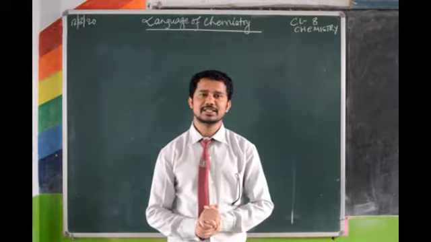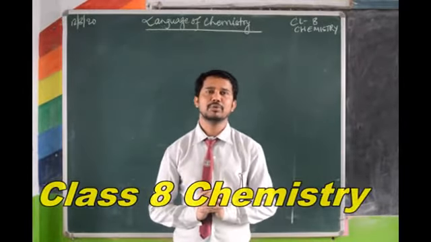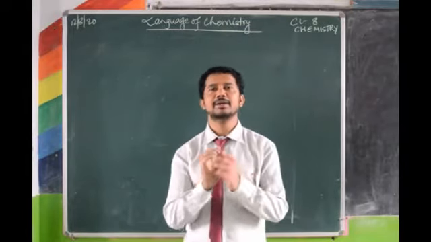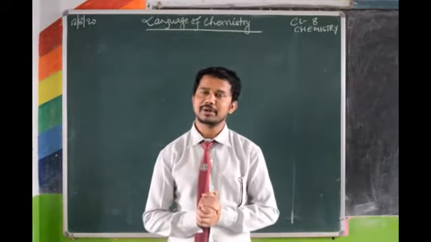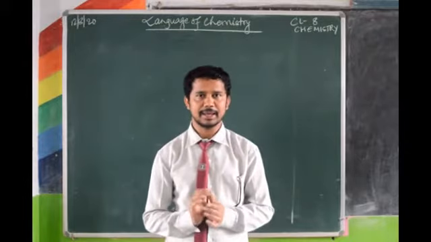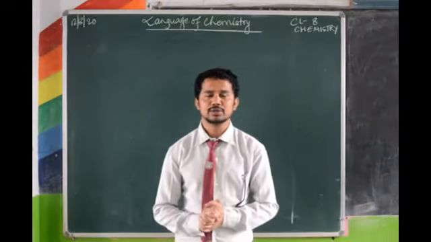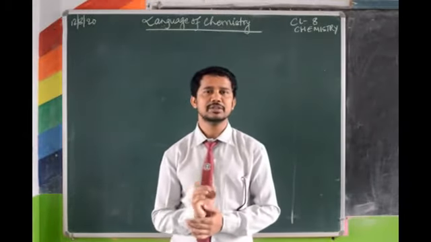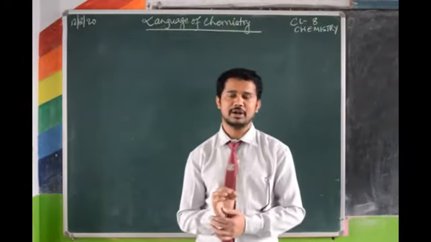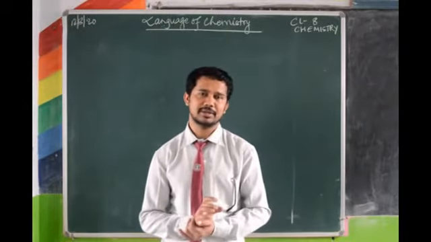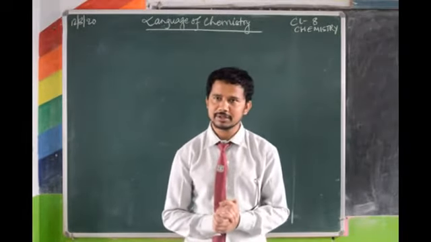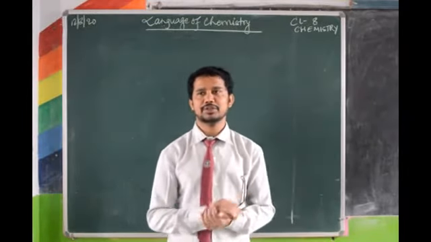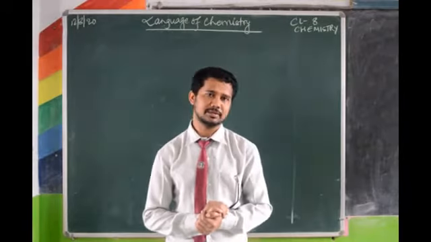So, last class we were doing chemical equations from the chapter Language of Chemistry. So, what is a chemical equation? A chemical equation is a short, symbolic representation of a chemical reaction using symbols and formulae.